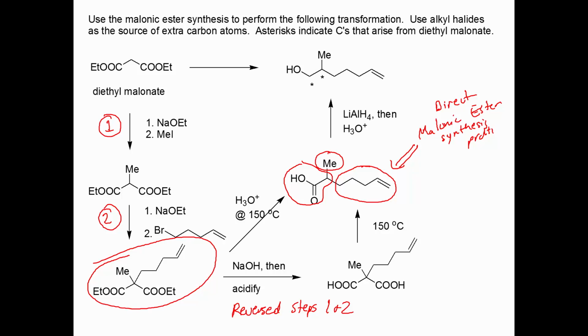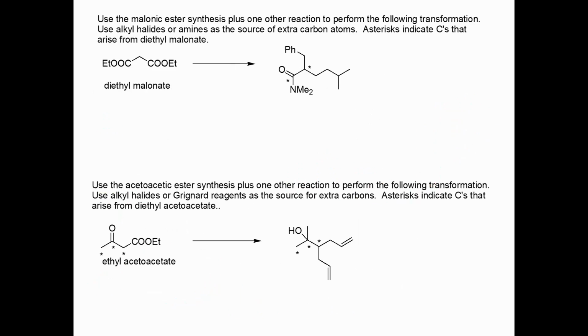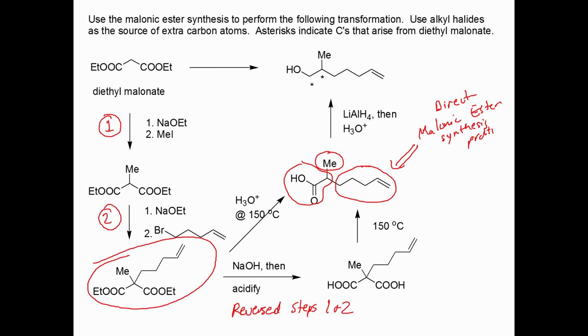If you actually did it yourself, you might find that one way gave you a better yield or a cleaner reaction or something like that, and you would use that as your method. But as far as hypothetically planning a synthesis, either of these are equally good.